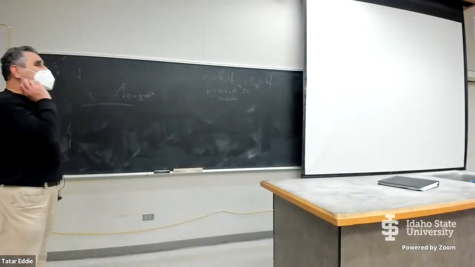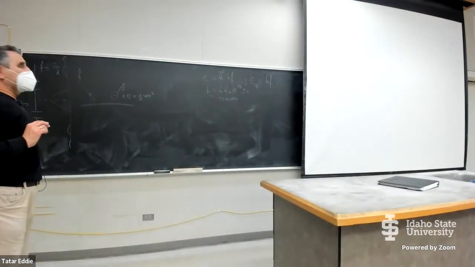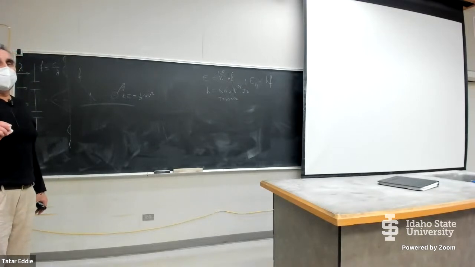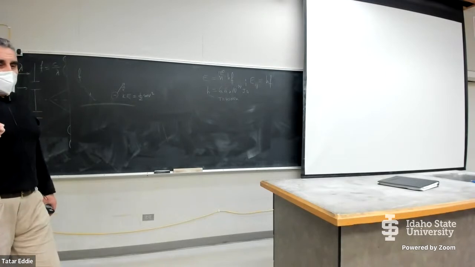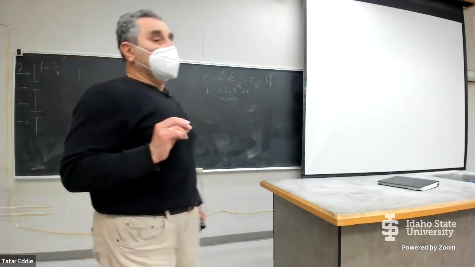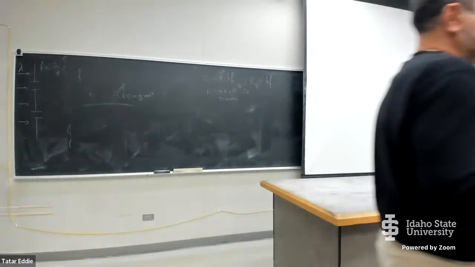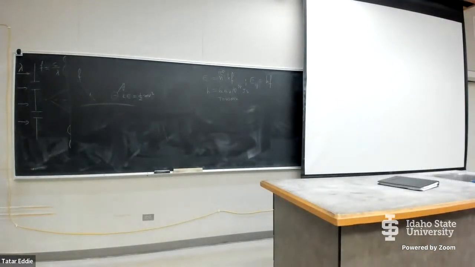And finally, another property that is also unexplainable from the classical point of view is that the intensity of the incident light doesn't affect the kinetic energy of the emitted electrons.